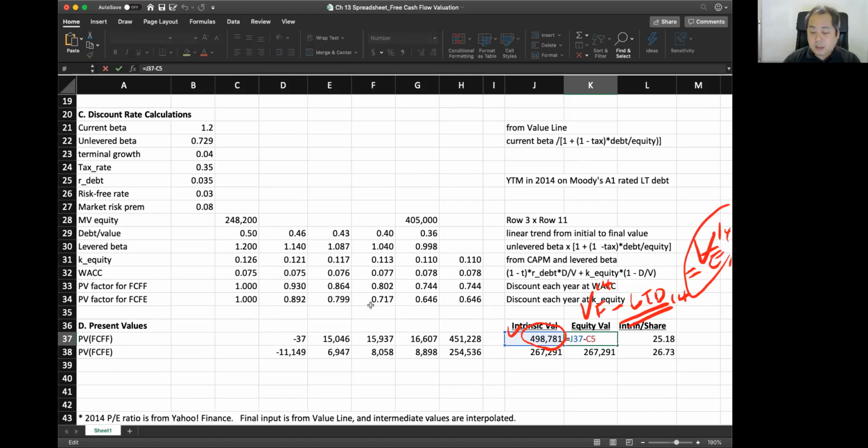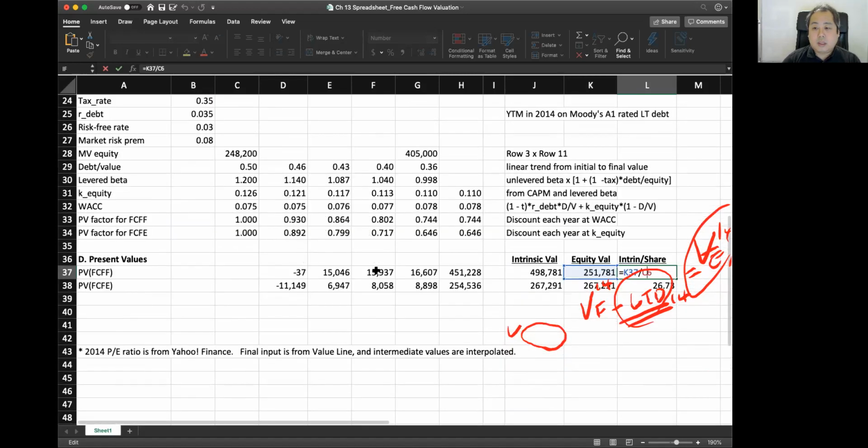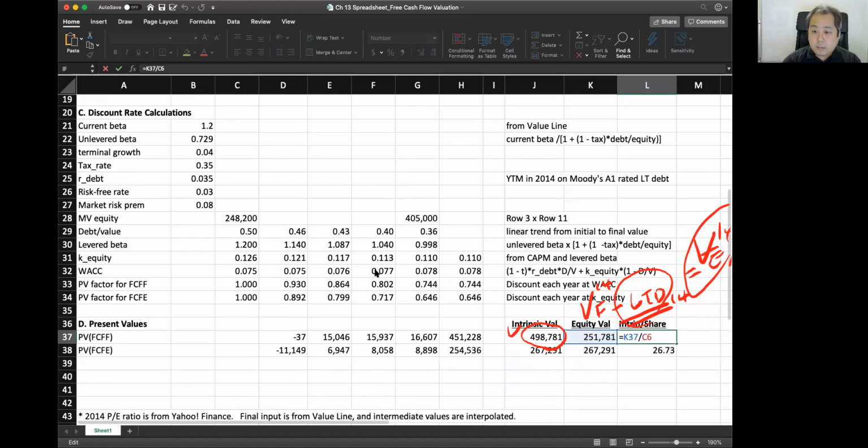And we are interested in the value of equity, not the value of the firm itself, right? Because we only pay for equity value. So you subtract the debt, long-term debt, then you can find the per share price divided by number of shares outstanding. You can find this one here, 10,000 shares, right? So eventually, the price is $25.18.